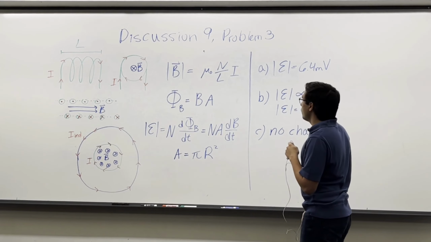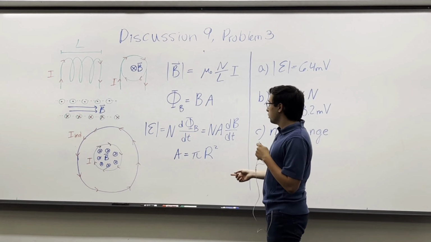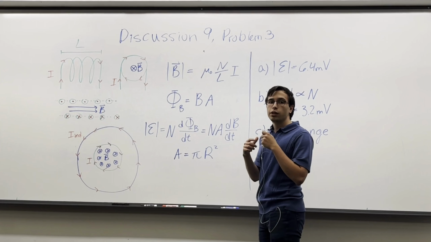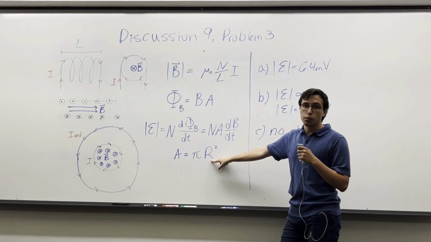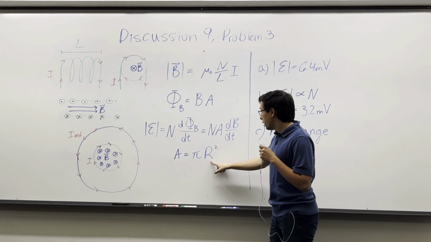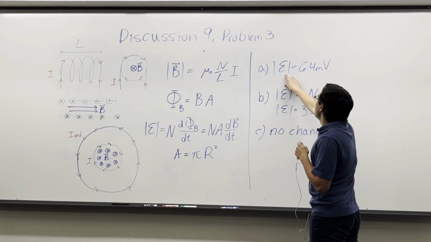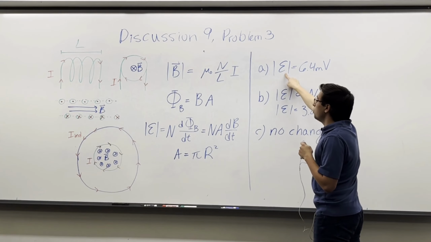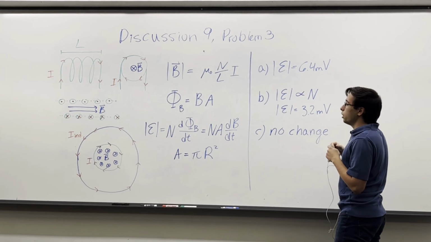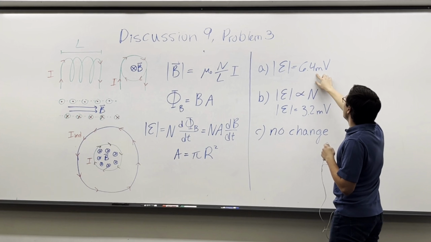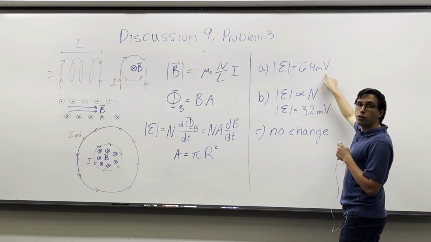And so putting these things together and taking the values that are provided, making sure to keep everything in SI units, we're given radius in centimeters, so make sure you convert that to meters, etc. We obtain a value for the induced EMF when the outer coil has 120 loops, and we get 6.4 millivolts for that, and volts is the right unit here.